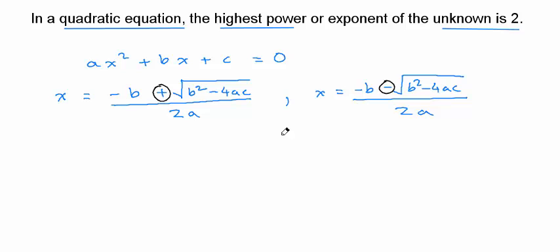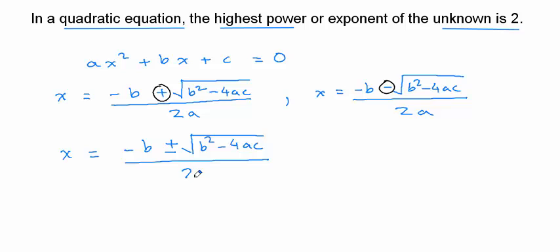Therefore, often we combine the two answers and say that x is equal to negative b plus or minus square root of b squared minus 4ac all over 2a. You can think of the two answers being combined into one form. This one contains this and this both.